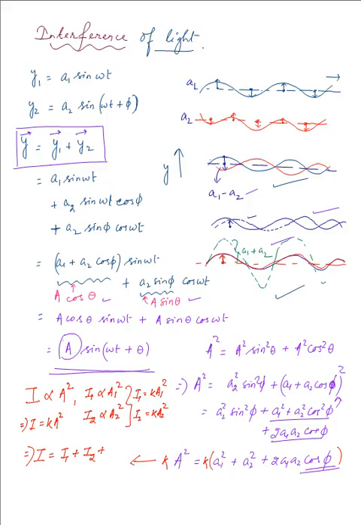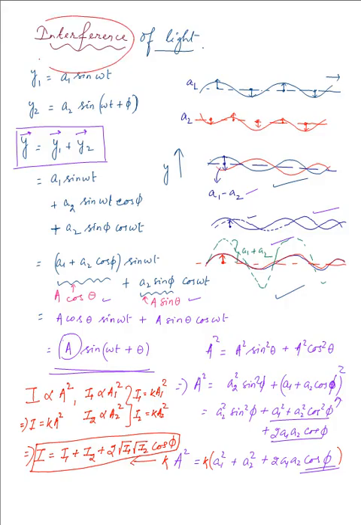That would eventually give me root of I1, root of I2 times cosine phi. Now this is the resulting intensity of the resultant wave when we have two different intensities I1 and I2 interfering with one another. This is where the term interference comes into picture.